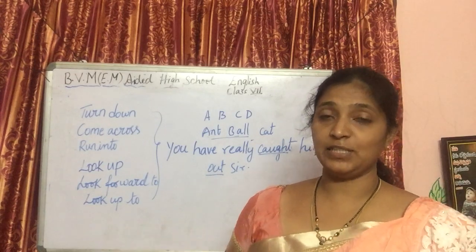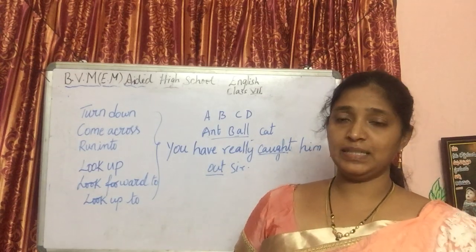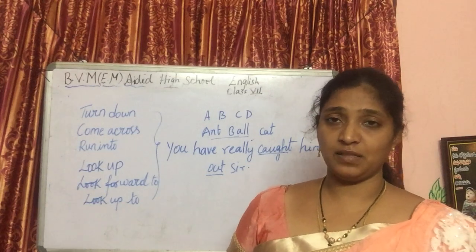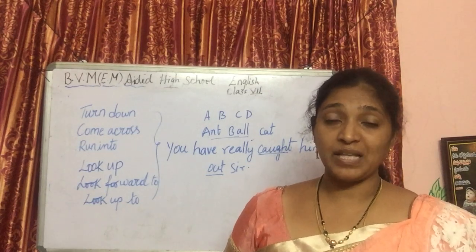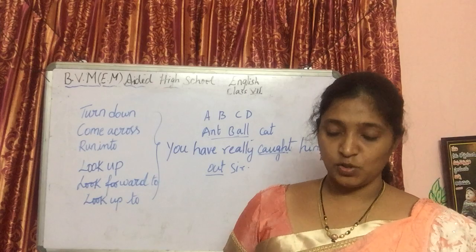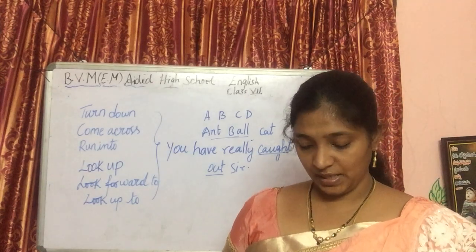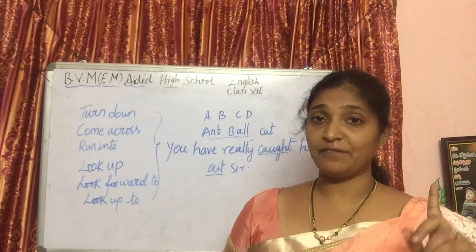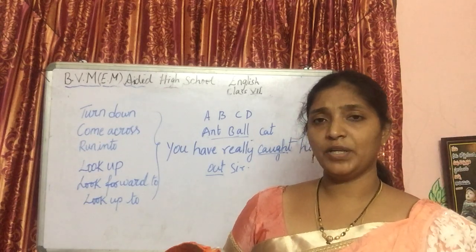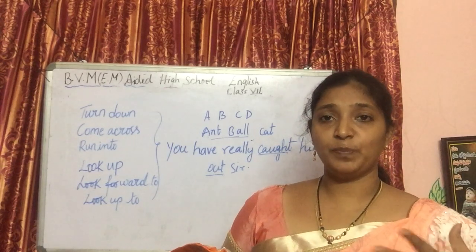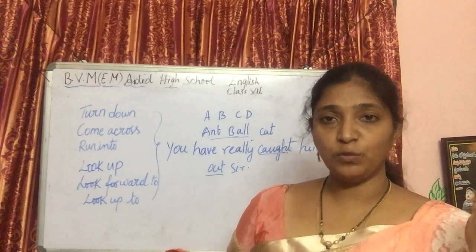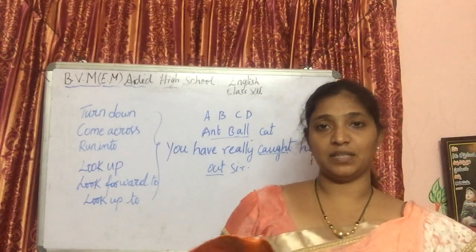So both these sentences are from our conversation from Tenali Raman, if you remember. So the courtiers were talking to the king, and one of them said, you have really caught him out. Caught him out means you kind of found out that he doesn't know anything.